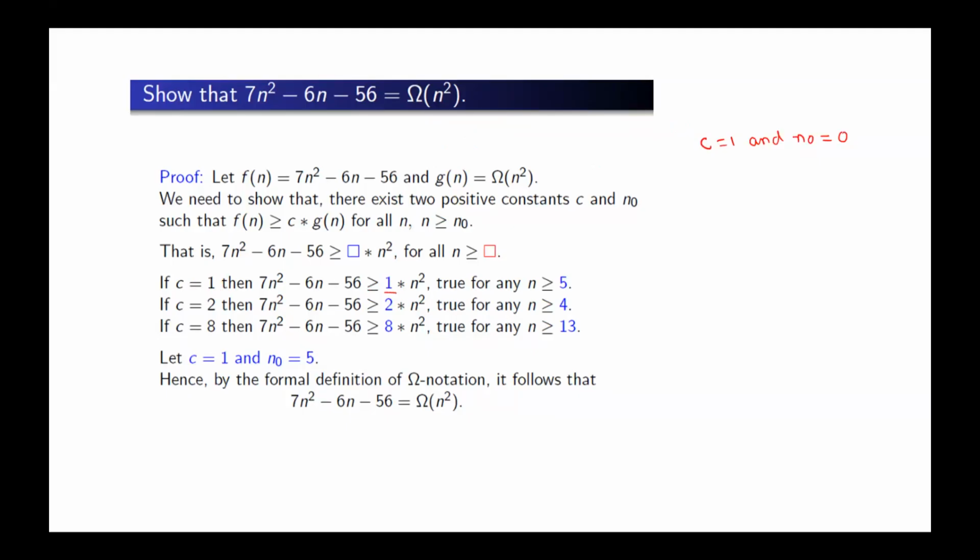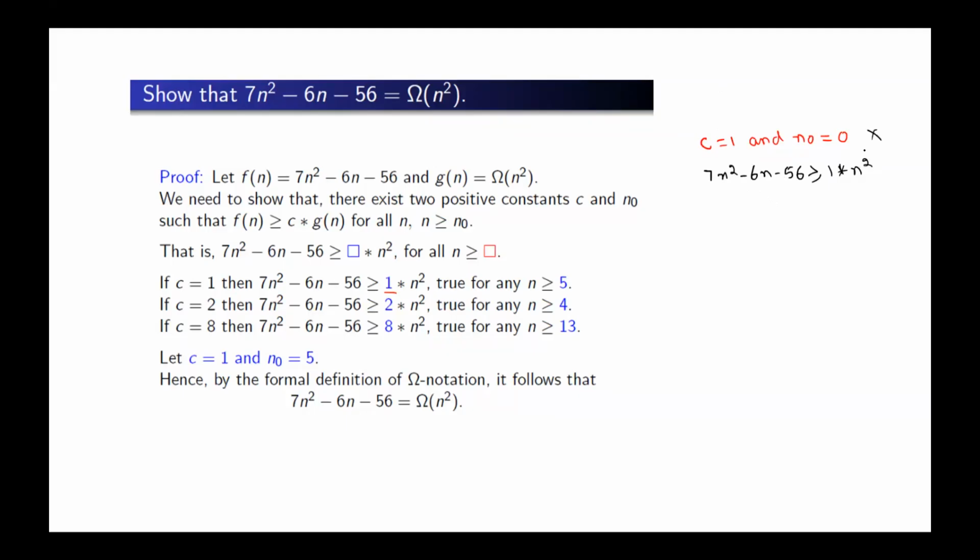Is that true? 7n square minus 6n minus 56 greater than or equal to 1 into n square. Is that true? No. Why? Because with n equal to 0, here we get minus 56, and this side it is 0. Minus 56 is not greater than 0.